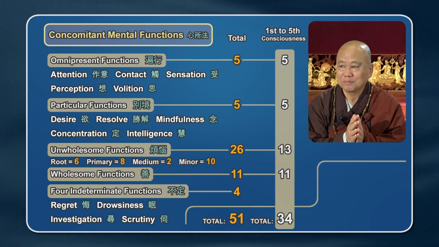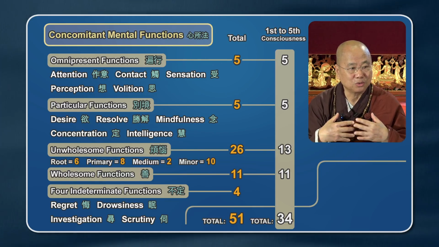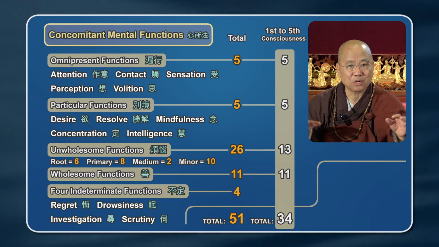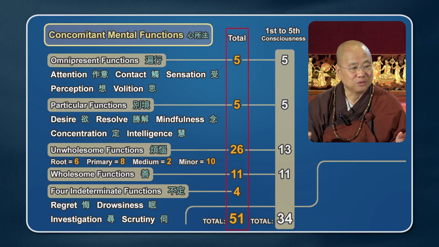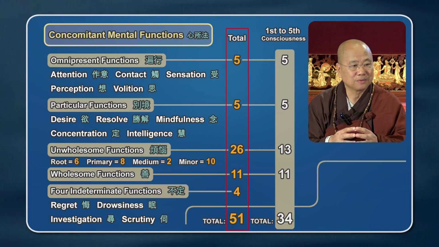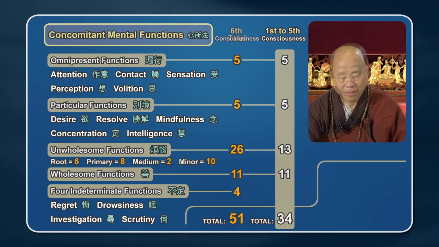We know that when each of our consciousnesses starts to work, not only does the consciousness arise, there are also concomitantly 51 mental functions arising at the same time with the consciousness and carrying out volitional actions or speech. And here's the 6th consciousness.